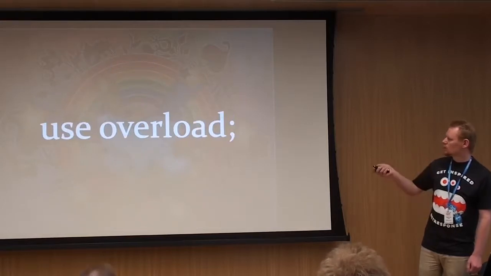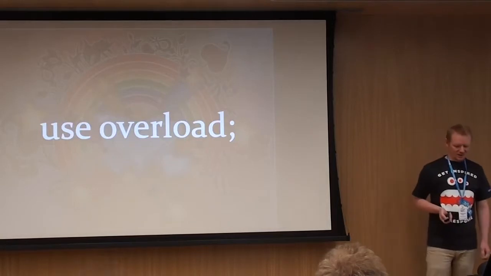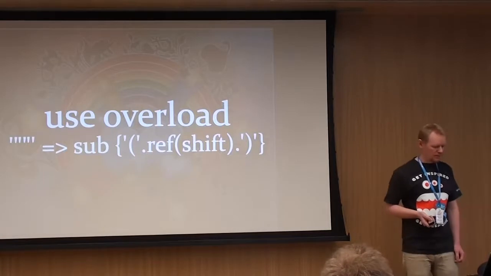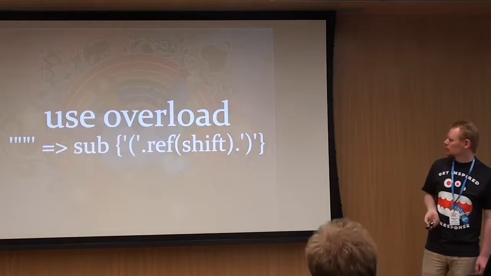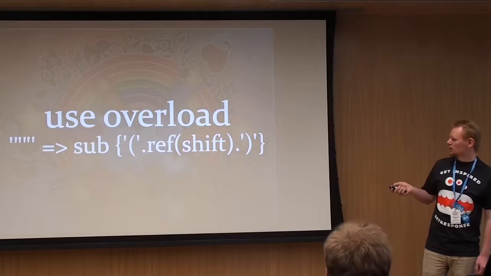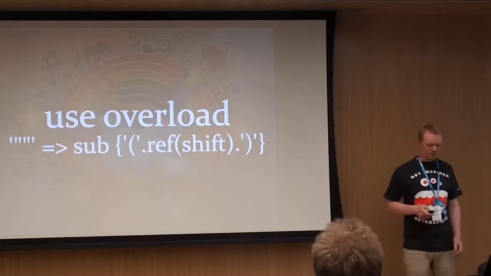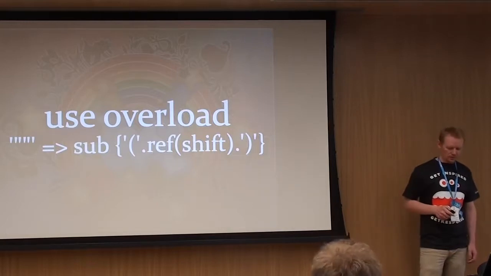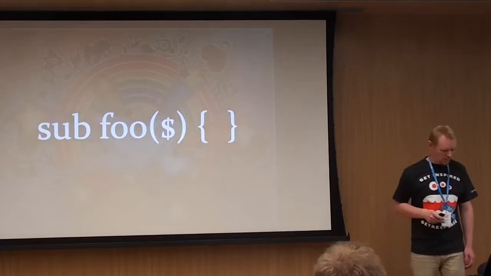We also have use overload, which was also kind of funny to implement. So we can say use overload the stringifying operation, and return something that looks like how Perl 6 would print a type object. We also have subroutine prototypes.